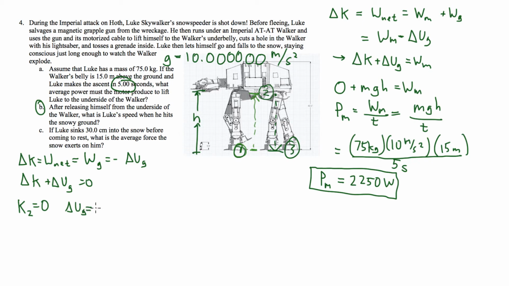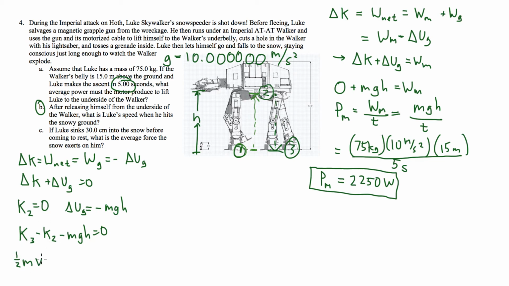It doesn't matter. But he drops a height h, and his weight is, of course, still mg. So K3 minus K2 minus mgh equals 0. And since K2 equals 0, you just get K3.